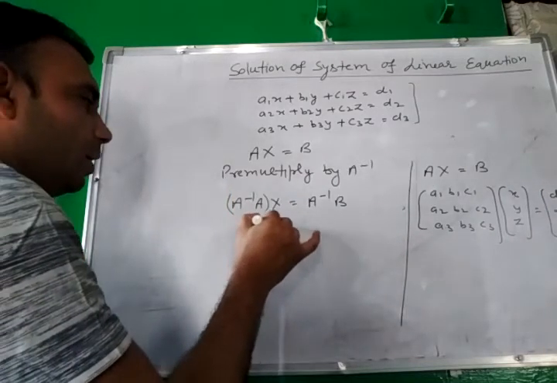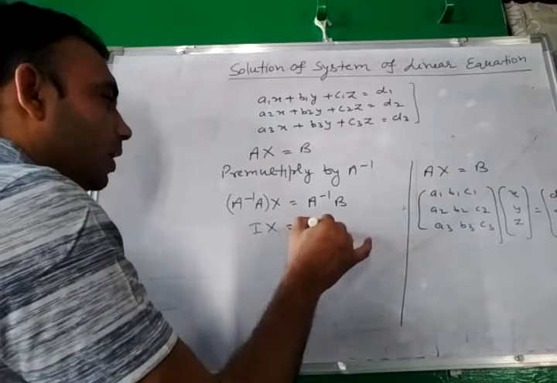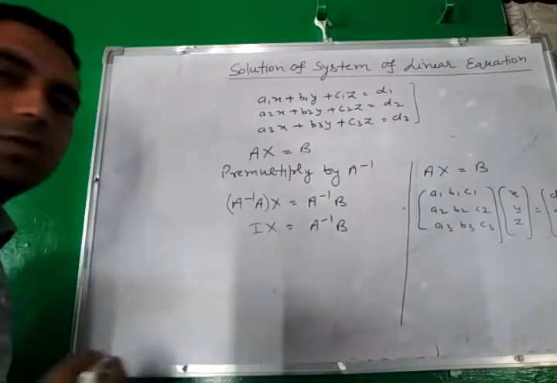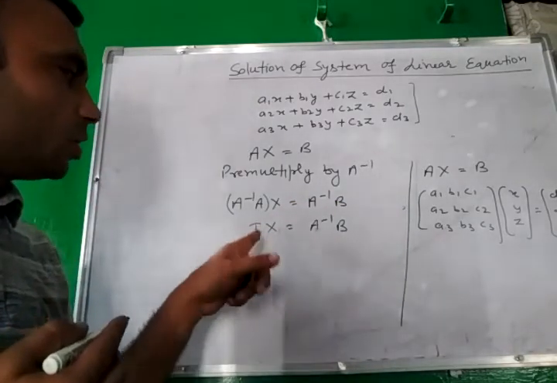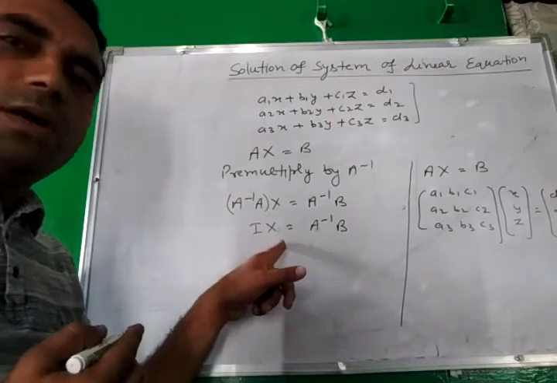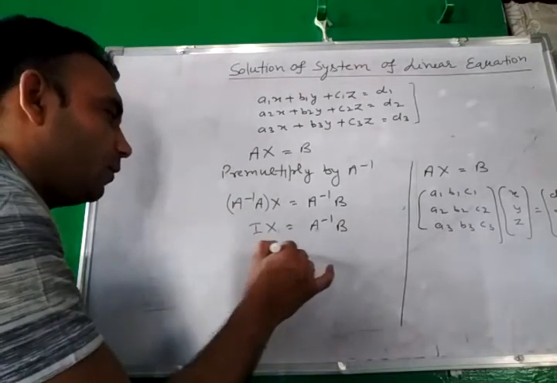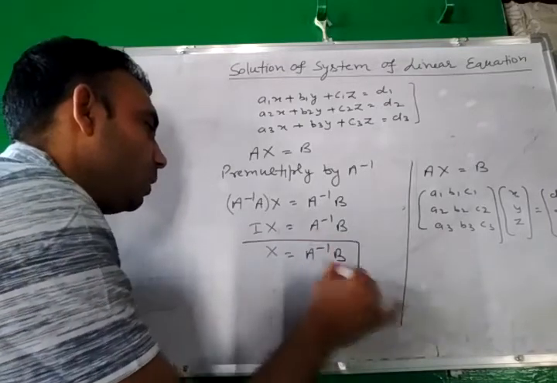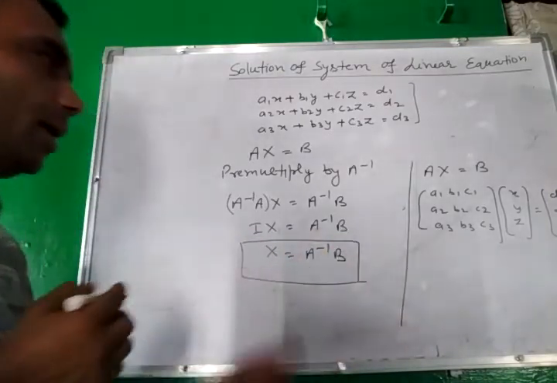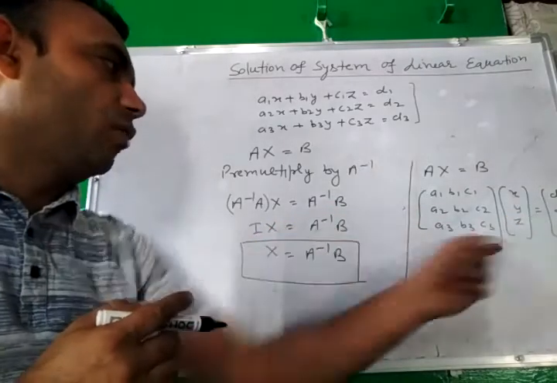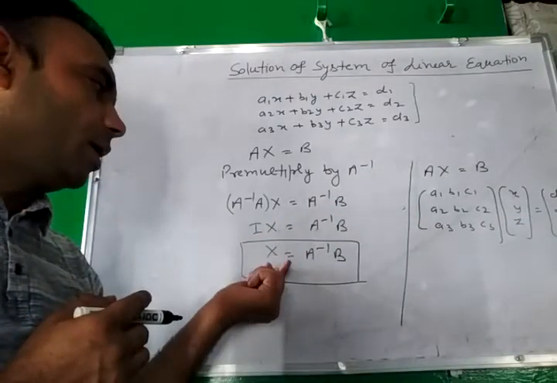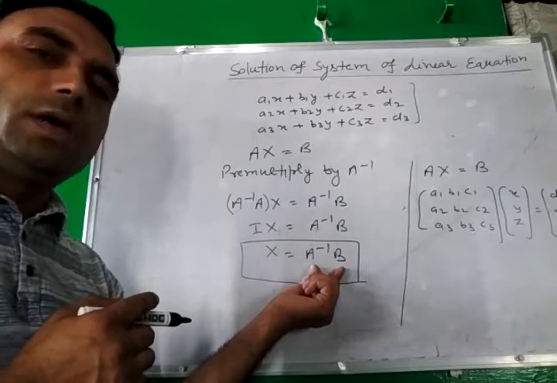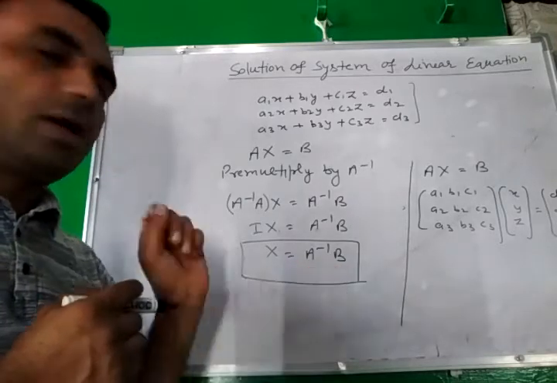It is I, the identity matrix. Then I X is equal to A inverse B, and the multiplication of the identity matrix with any matrix gives the matrix itself. So X = A inverse B, so that we can find X, which means x, y, z.